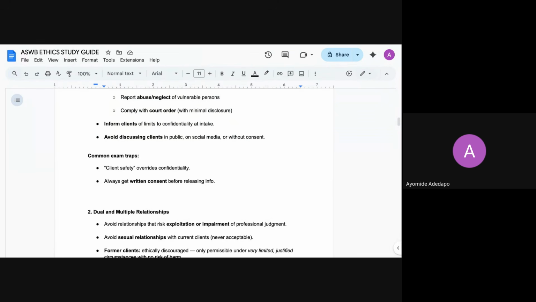If your client cannot speak, and this is a life or death or emergency kind of situation, then you can break confidentiality.